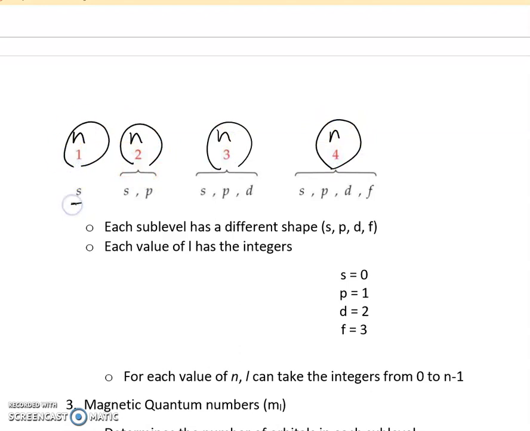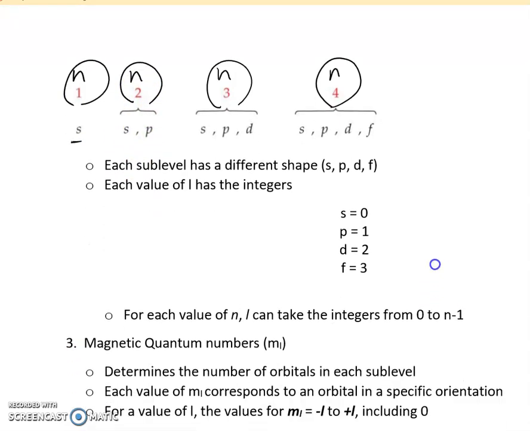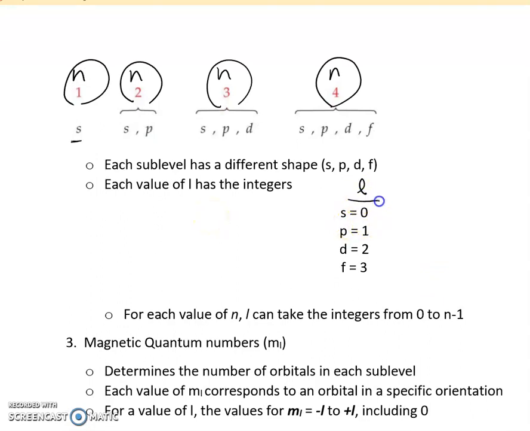So here's our s, and then in n equals 2 we can have an s and a p. But before I explain that, each value of L has these integers. So s would be 0, so these are our L's, 0, 1, 2, 3, which would be our s, p, d, and f. So we've seen that several times. And what we want to notice is if we have n equals 2, we could have 2 sublevels or 2 subshells, s and p.